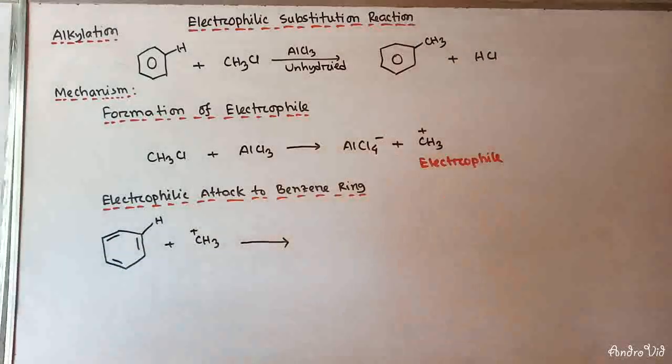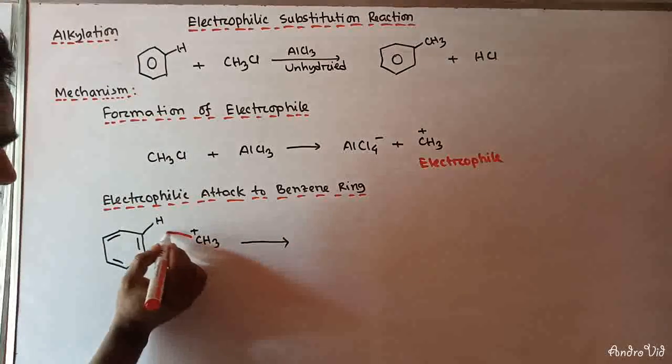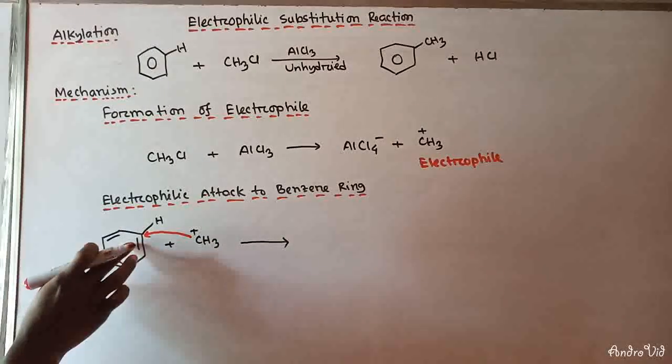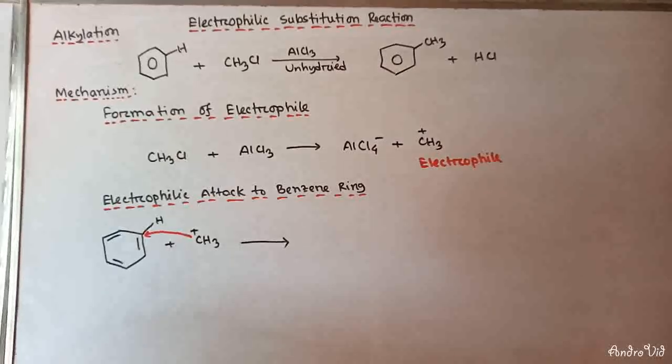You have already seen there is a pi bond, and a pi bond is comparatively weak, so heterolytic fission happens when this electrophile attacks this carbon atom.